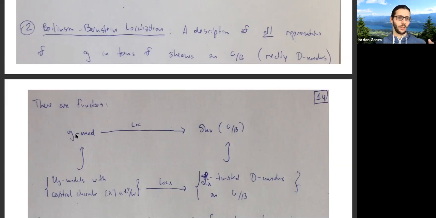There's only one irreducible object in that subcategory, but there are various other non-irreducible representations that have the same central character. Those go under this functor to D-modules on G/B that are twisted by this line bundle lambda. I'm realizing here maybe it's actually a different lambda, but you can describe the relationship between these two lambdas.